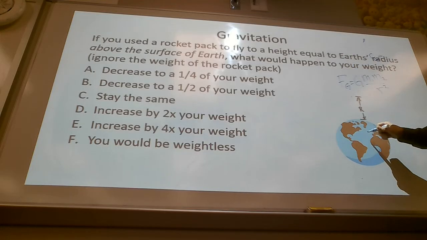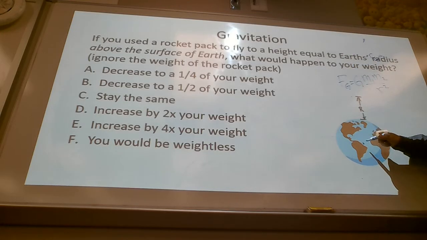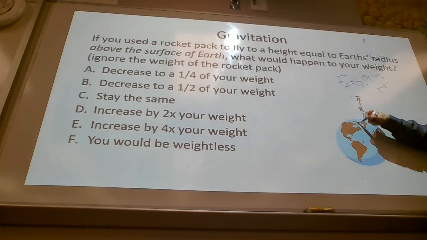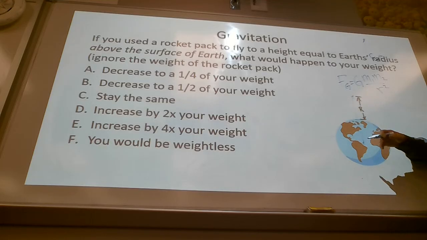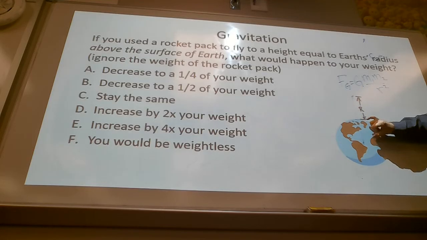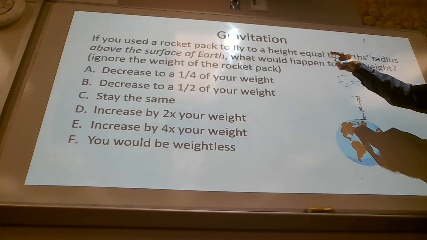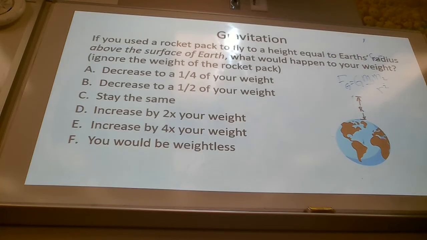When it says above the surface of the earth, the distance R is talking about the distance from the center to the object. So if you're above the surface of the earth, you have to tack on the radius of the planet to the altitude. You all right with that? So watch yourself.